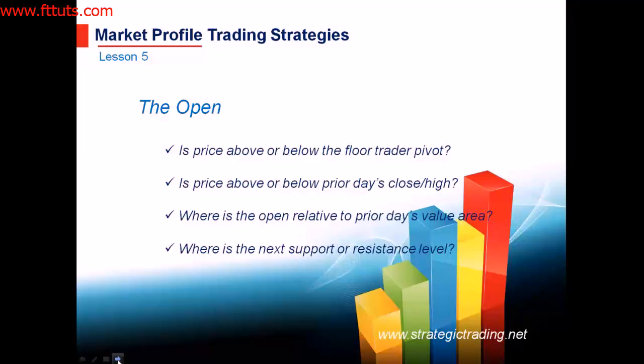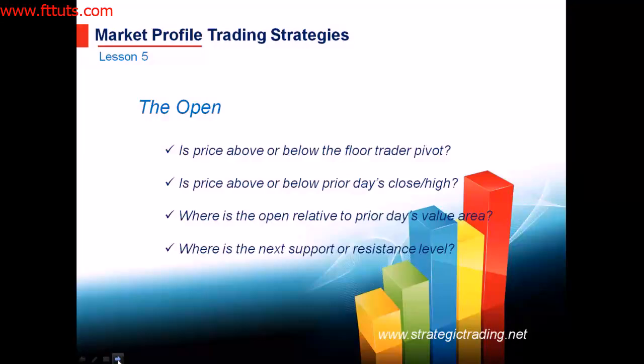So the next thing I want to look at for the open is: is the open price above or below the prior day's close and high? If in fact it's above the pivot and it's above the close and it's above the high, things are looking awfully bullish. So you need to keep that in mind. Now, another question I need to ask: where is the open relative to the prior day's value area?